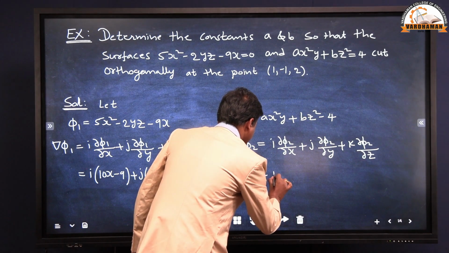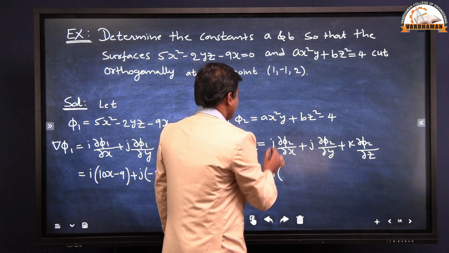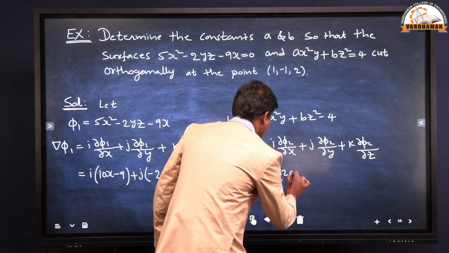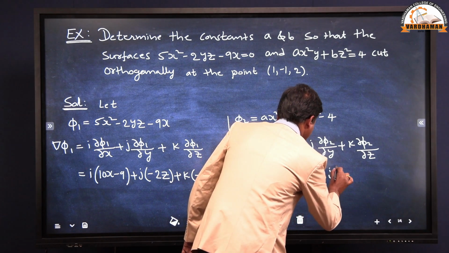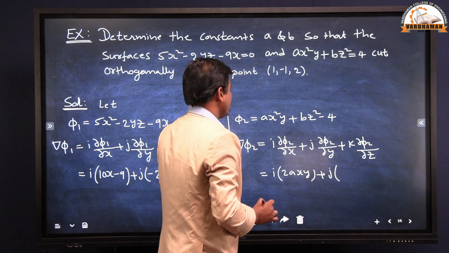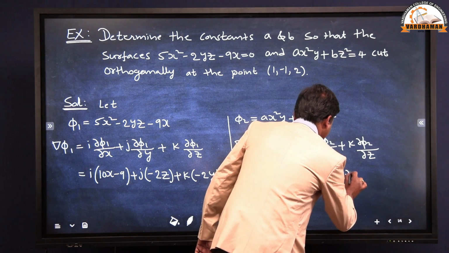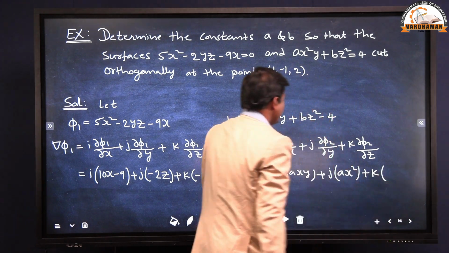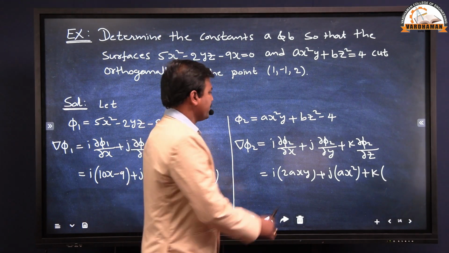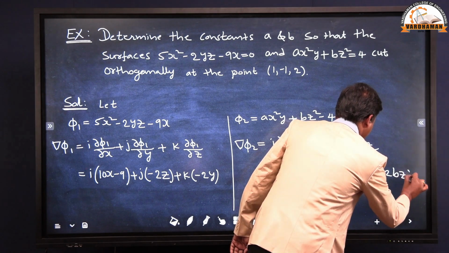This equals i into dou phi 2 by dou x, 2a x y, plus j into dou phi 2 by dou y, y derivative 1 into a x square, plus k into dou phi 2 by dou z, 2z into b, so 2b z.